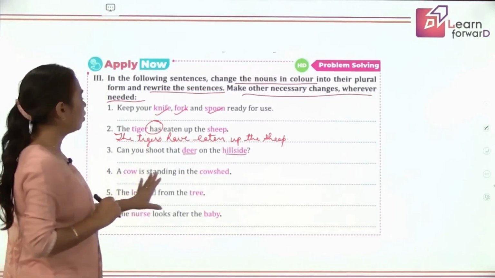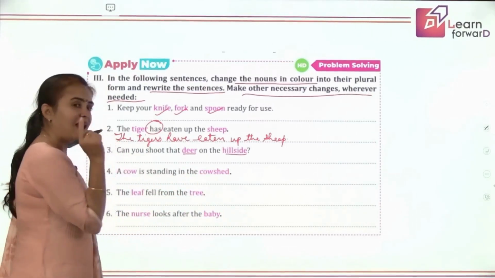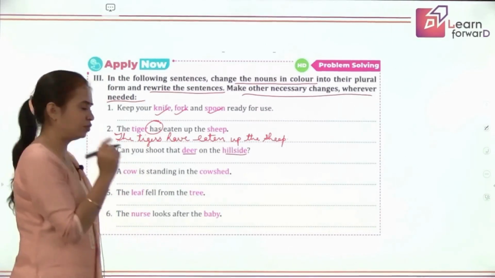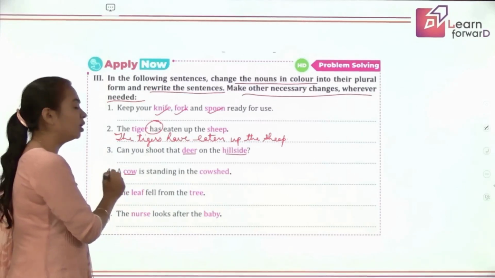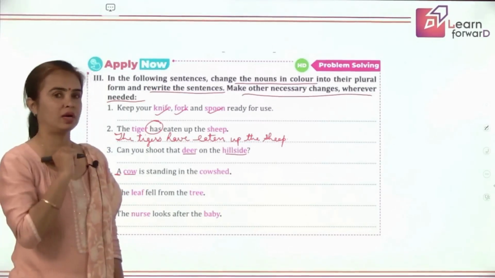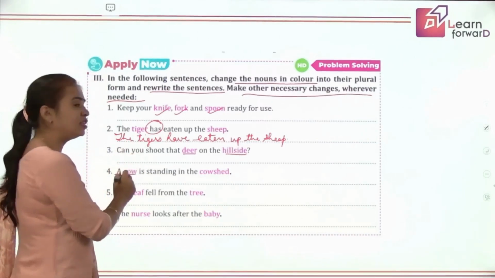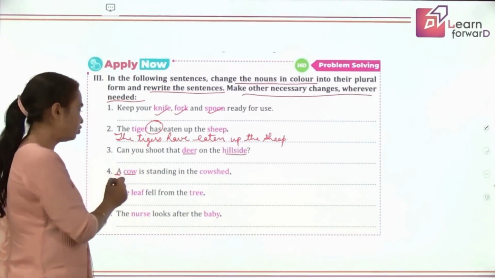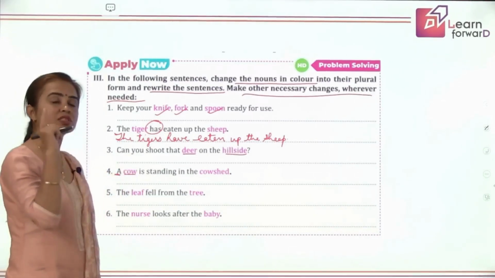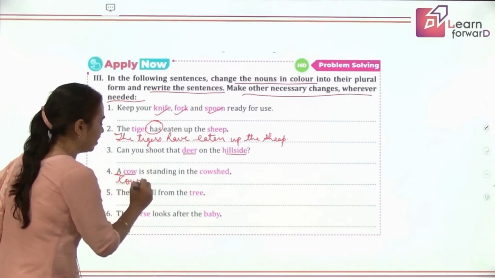Next, a cow is standing in the cow shed. Yes. Now here what changes you have to see. Cow is singular and we use a only with singular countable nouns. So when I change this cow into cows, I'll have to remove this a. I cannot say a cows. So this is one of the necessary changes I have to make.